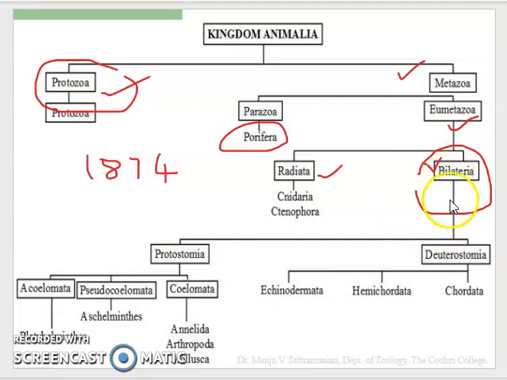As you can see, the link is following from here: all the deuterostomes, protostomes, and all the other phyla coming under the Bilateria. And the Radiata includes the organisms which show radial symmetry, and only two phyla come under the Radiata, that is Cnidaria and Ctenophora. Here you will be studying in more detail about the Ctenophora, which comes under the Radiata.